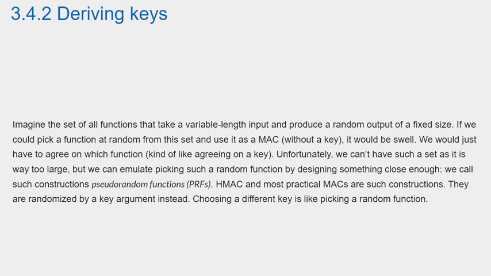We call such constructions pseudo-random functions, or PRFs. HMAC and most practical MACs are such constructions. They are randomized by a key argument instead. Choosing a different key is like picking a random function. Exercise. Caution: not all MACs are PRFs. Can you see why?